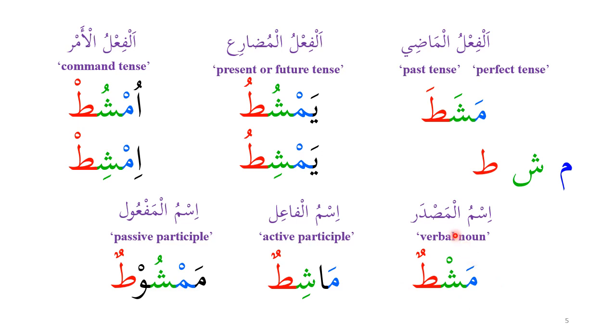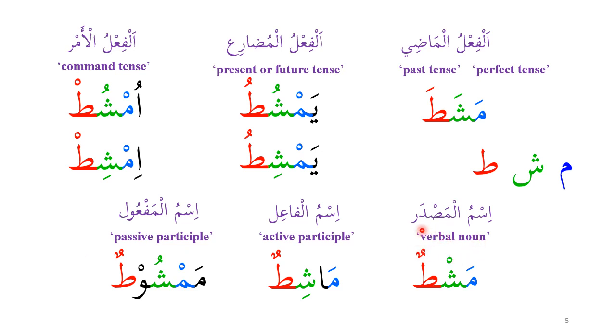Okay, now these three are the verbs. Remember, the Arabic verbs include the subject and the object or actions, and then the noun-wise, or ism, there are again three types.